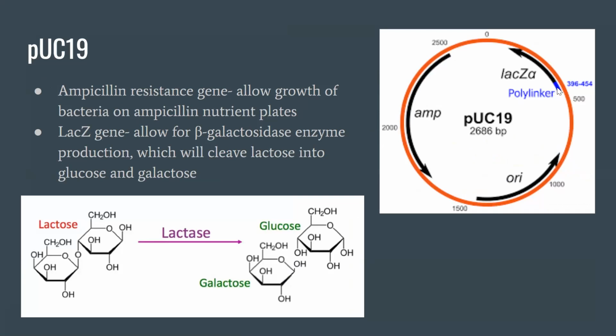Now, only the cells with an intact lacZ gene will produce that blue pigment. So this will allow for blue-white screening. Now, you may be wondering, if we're just here working with the pUC19 plasmid, shouldn't all the bacteria be turning blue? And the answer to that question would be yes.